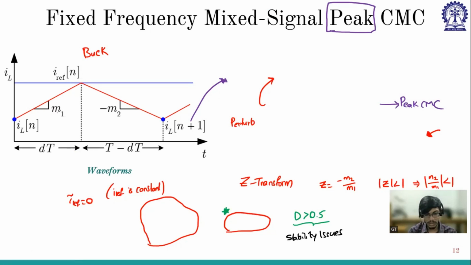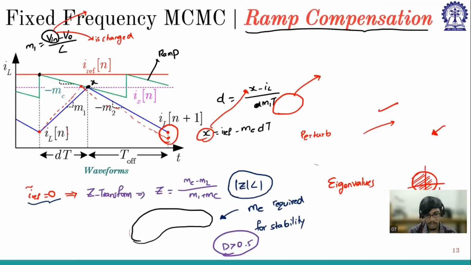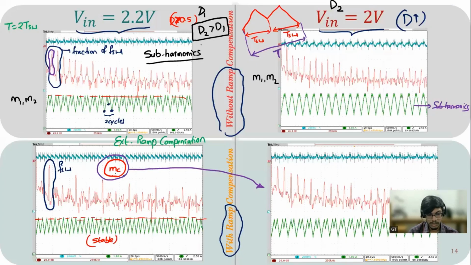So basically we are saying when D is maintained less than 0.5, even though the input voltage disturbance or the load disturbance is there, both the input voltage and output current will come back to the pre-disturbance value. Yes, if it is only a disturbance, then it will come to the previous value. But if it is a new steady state, then it will go to the new steady state.